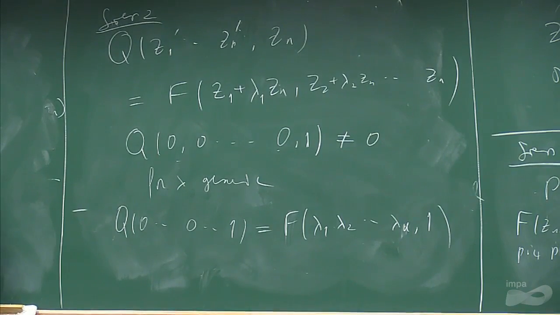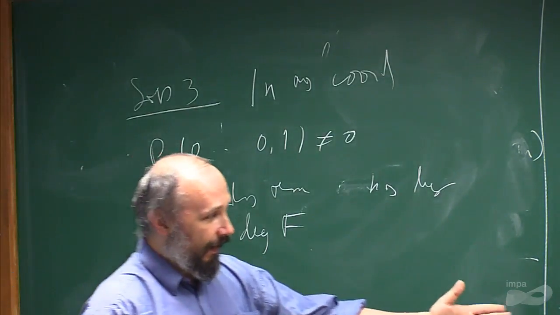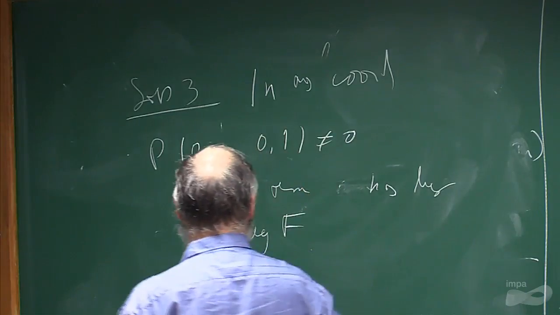It has the same degree as f, so it's the biggest degree of all monomials here. So we have a non-zero coefficient under the biggest degree of the last term.